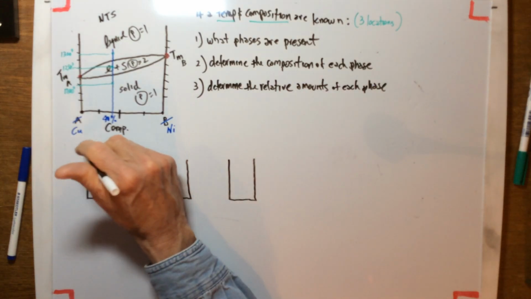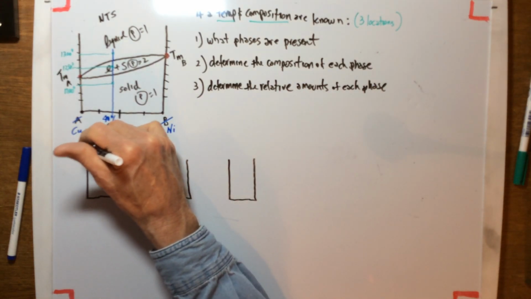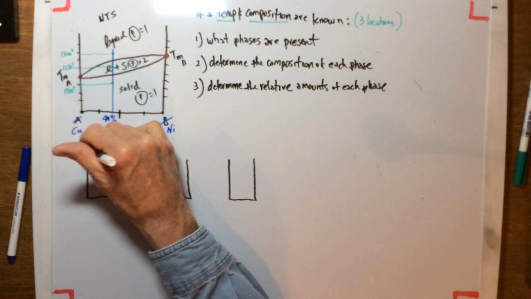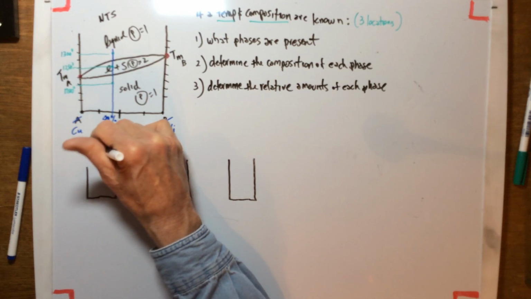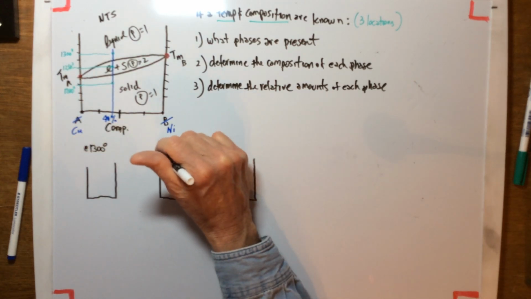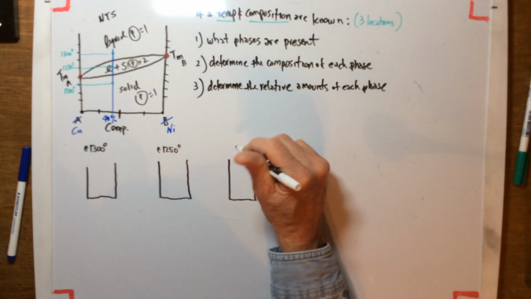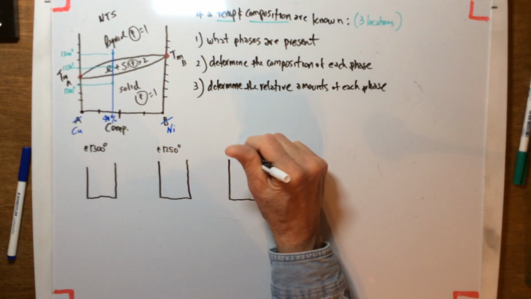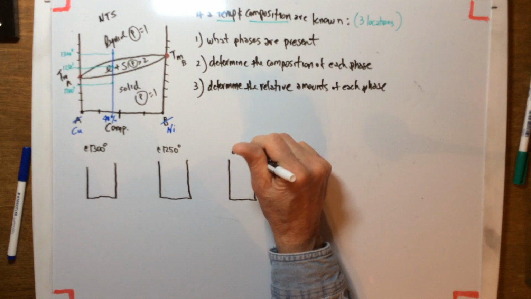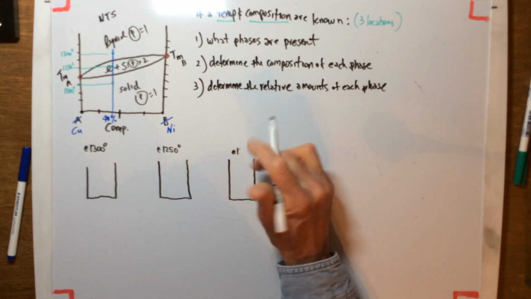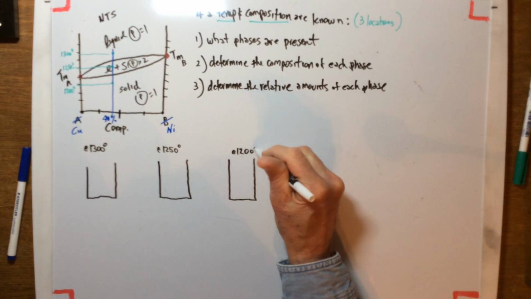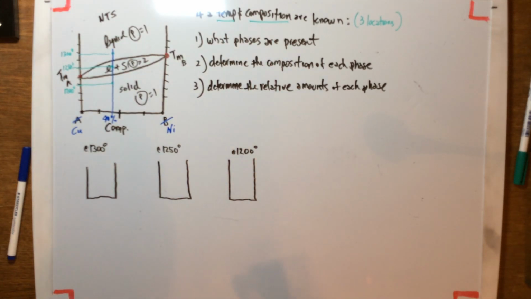One is going to be at 1300 degrees, the other one's going to be at 1250 degrees, and the other one will be at 1200 degrees. Okay, so let's go through these lists here and see what's taking place.